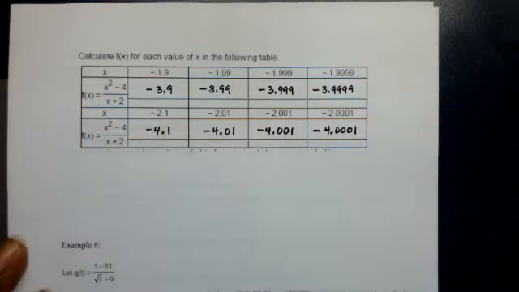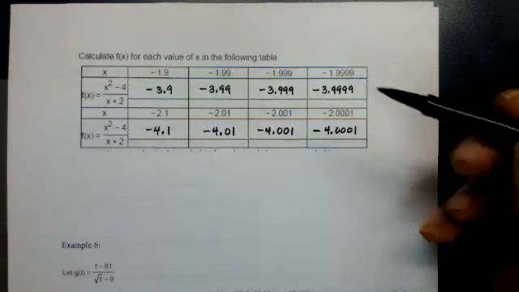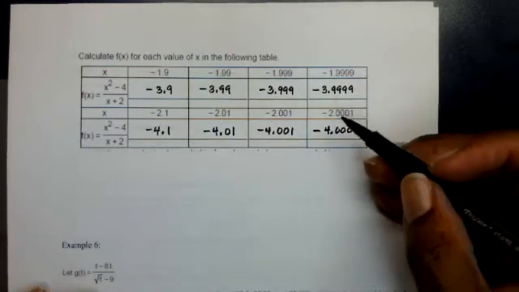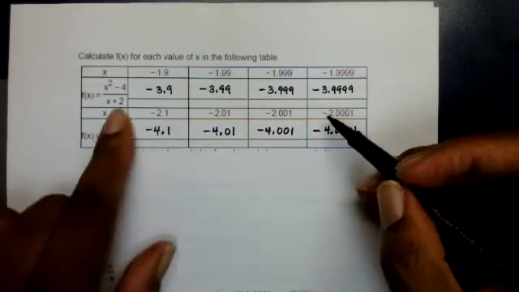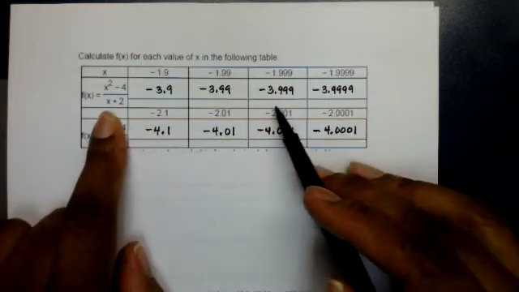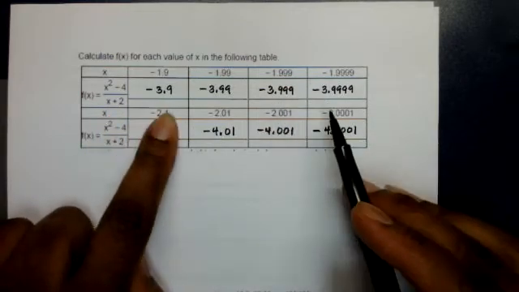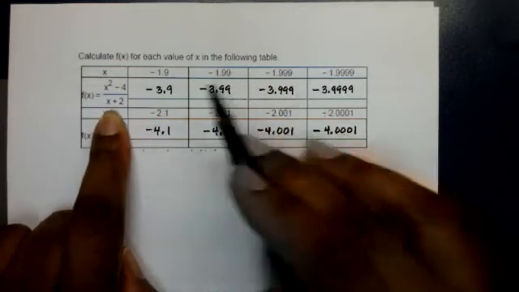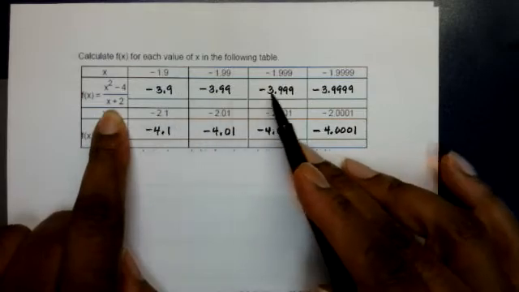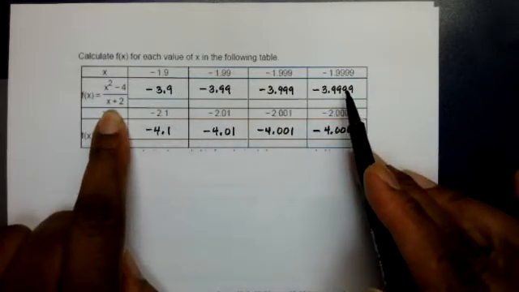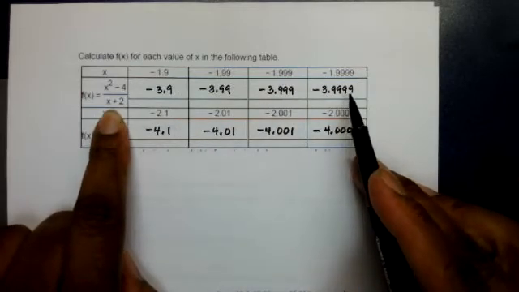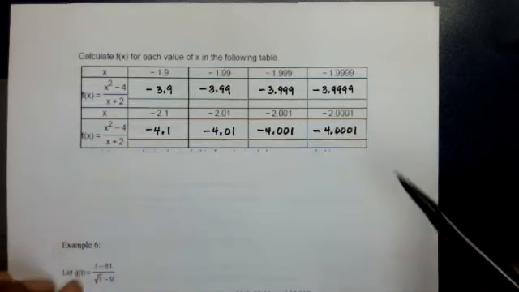But the idea here is this. If you were to look at this, if we approach negative 2 from the left of negative 2, you're going to see that these values are getting closer and closer and closer to negative 4.